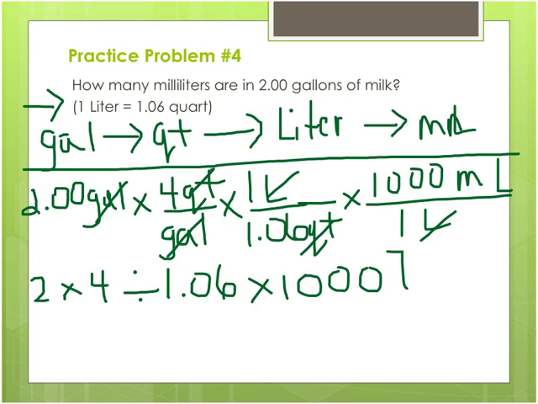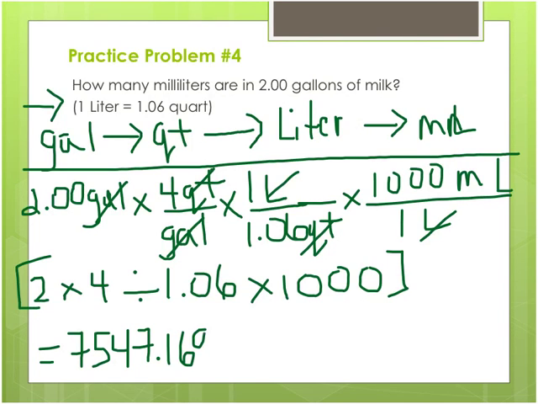That's what you're going to plug into your calculator, okay? So now what that results in, when you do that, is 7,547.1698. And a bunch of other numbers that I'm way too lazy to write.